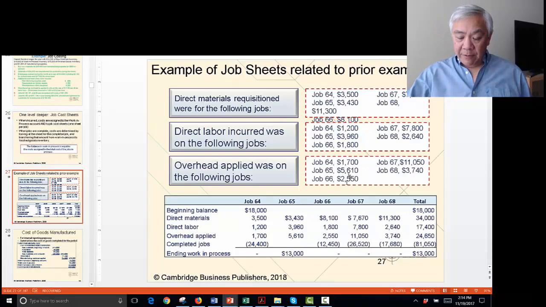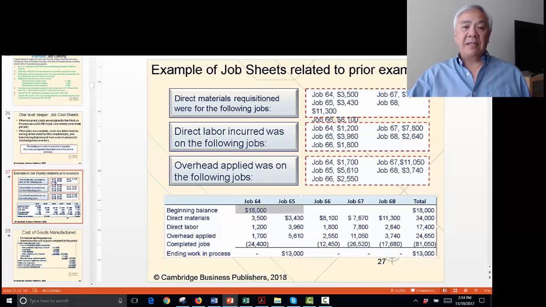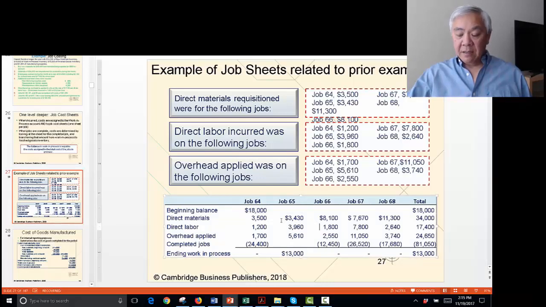Here, you may recall that we had these entries. We had direct materials, labor, overhead, and completed jobs. So when we look at the beginning balances for jobs 64, 65, 66, 67, 68, we had one job, this one, that had begun in the prior month. During the month, we started the additional 4 jobs and kept working on the prior job.